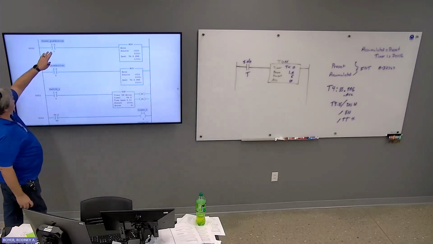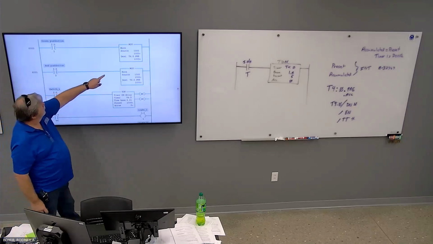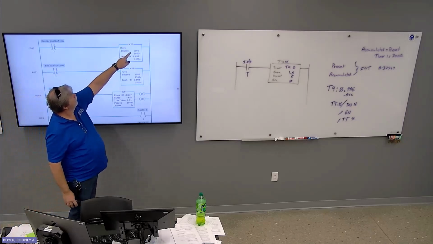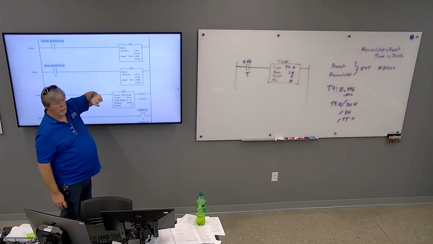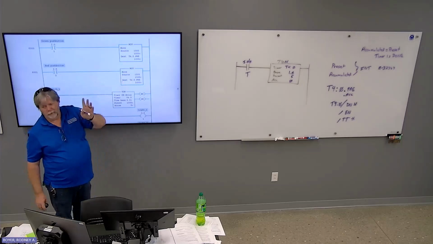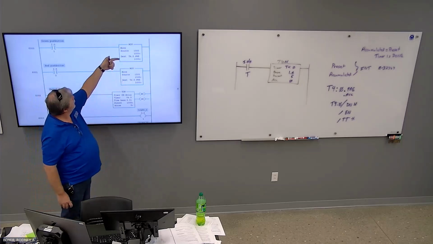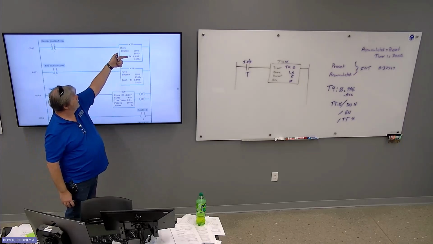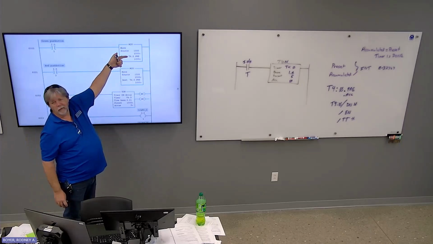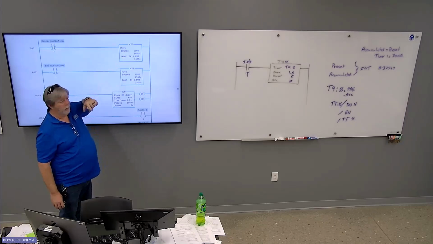Okay, so press the green push button. Going to move 1000, which is just a straight 1000, there's nothing special about it, into the preset value of timer T40. Okay.